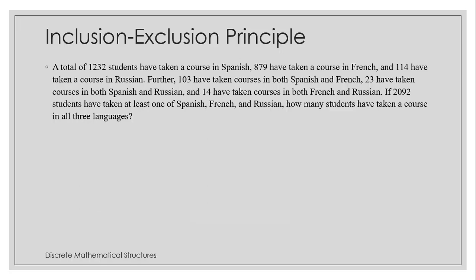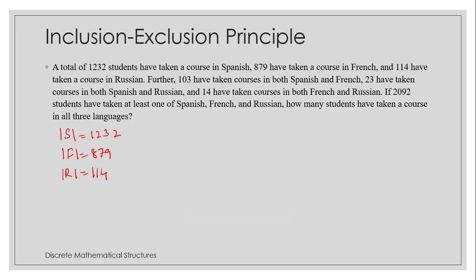In this, a total of 1232 students have taken a course in Spanish. So the number of elements in set S is 1232. 879 have taken a course in French and 114 have taken a course in Russian.